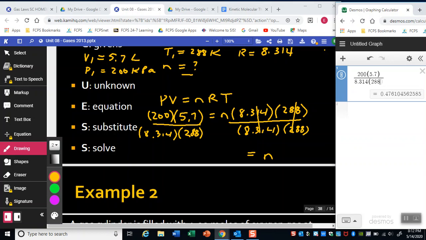Okay, and then now I can see that gives me the number of moles. I've got three significant digits. So here we go. 4.76 moles.